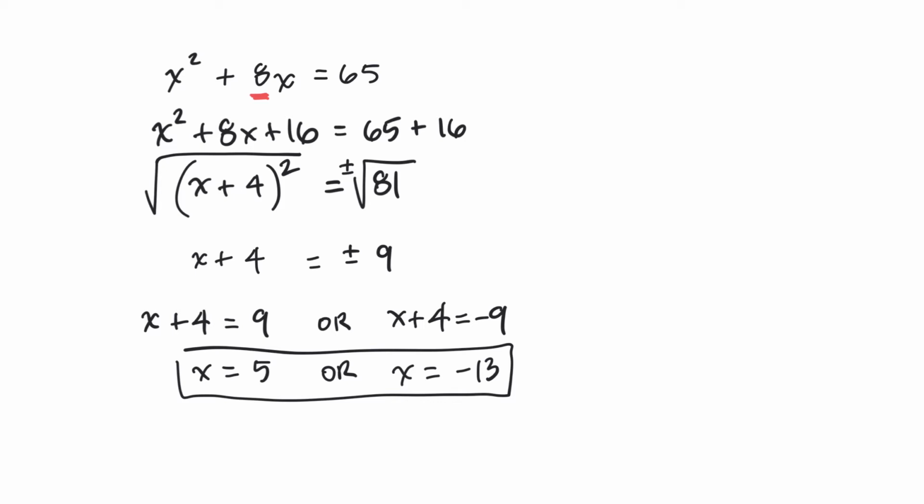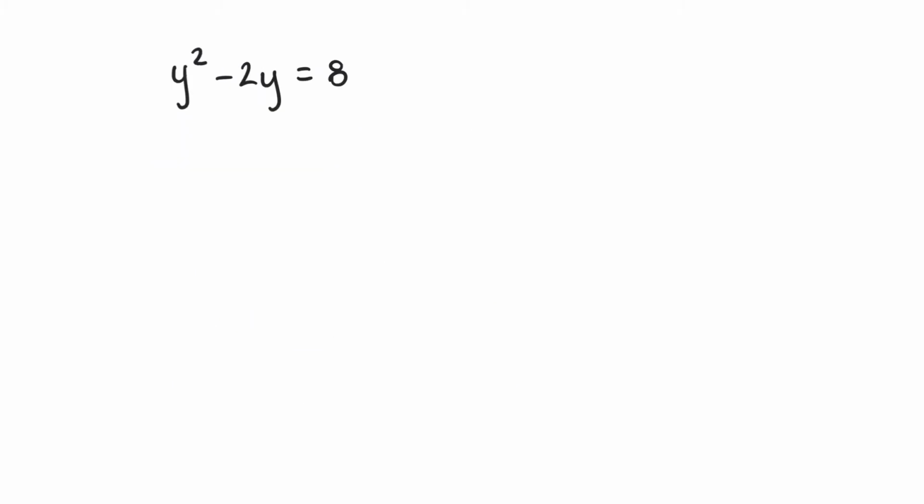Square roots only works for specific forms of quadratic equations. This one will work for any of them, and it'll give you both the real solutions, and if there are any imaginary solutions, it will give you those as well. So we'll do another example here.